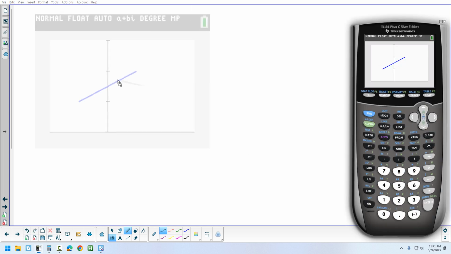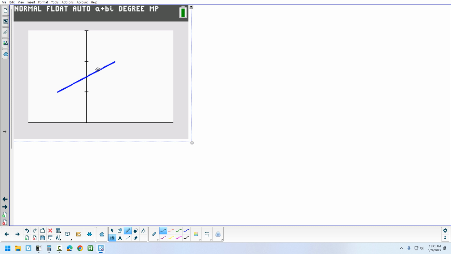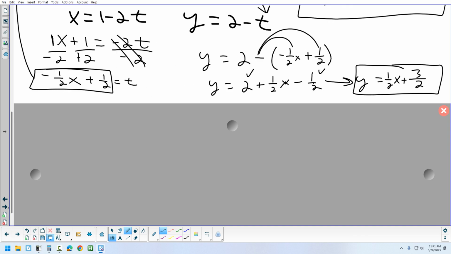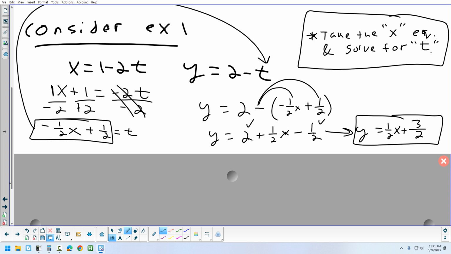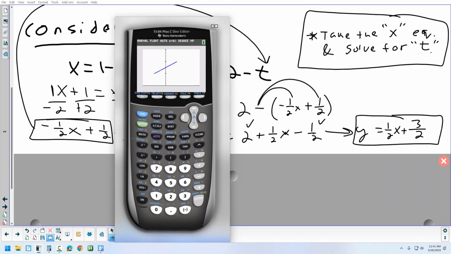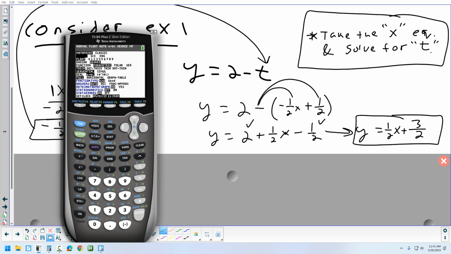Okay, so there's my equation when I did it parametrically. Now, let's do it as a function, y equals mx plus b. If we did it right, we should get exactly the same picture. So press mode, put it in function.